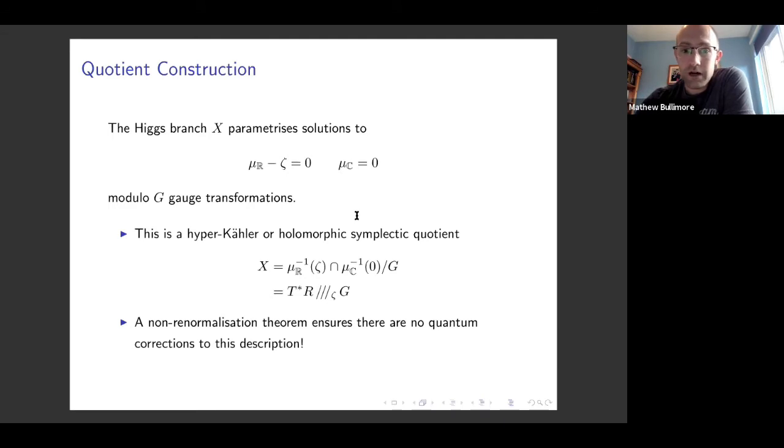After all, we derived it by essentially trying to minimize the classical action, but in this case, one can show that it's really exact. Another way to say that is that the Higgs branches of gauge theories are finite dimensional quotients. That statement will not be true for other branches.